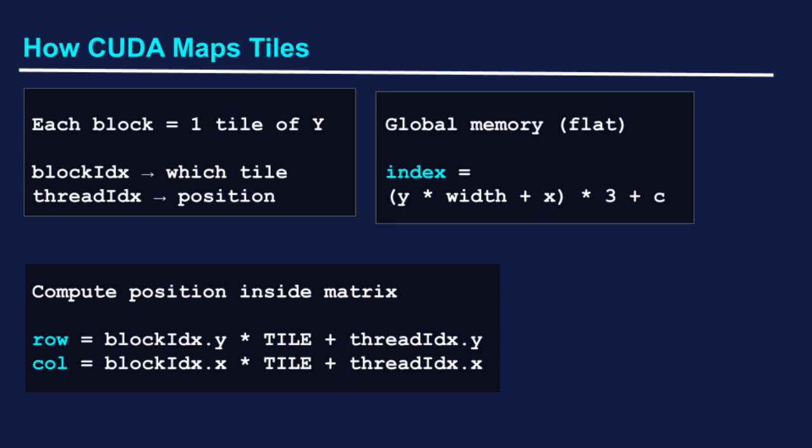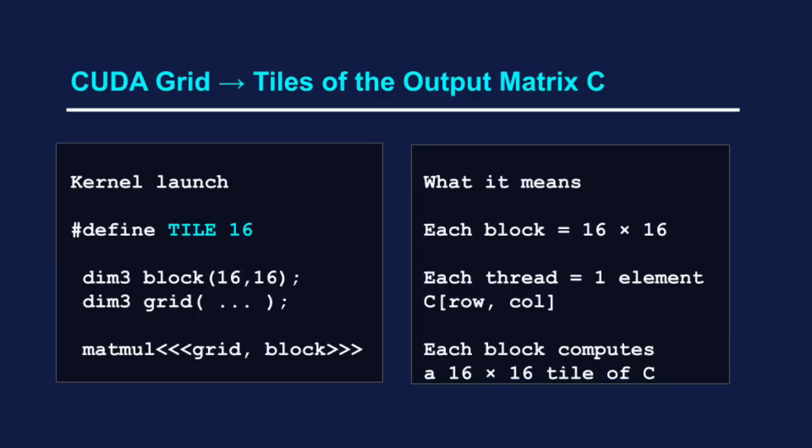We define the block size and the grid size, and the next slide will show how to calculate the grid size. In this example, each block is size 16 by 16. That's the tile size that we picked. Each block computes a 16 by 16 portion of C, the final output.